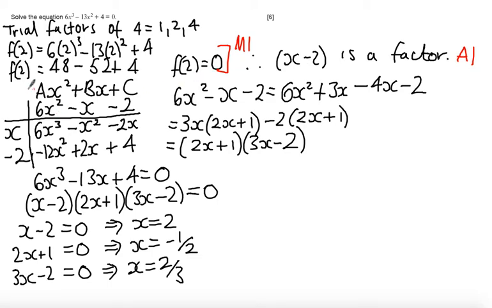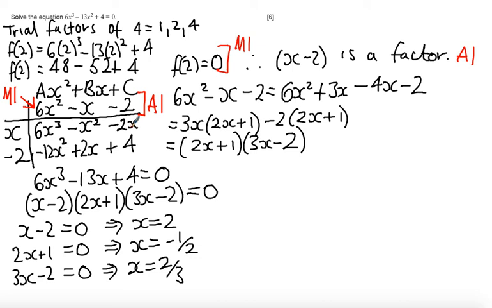If you have tried to factorize the cubic and you have got the 6x squared as the leading term of the quadratic, you can have a method mark. It doesn't matter what the other terms are as long as you've got that 6x squared. If you have got the entire quadratic correct, then you can have an answer mark.